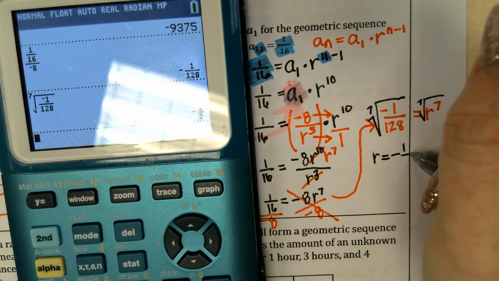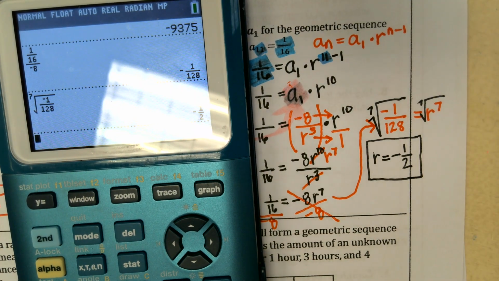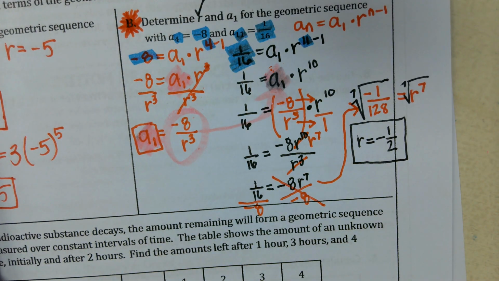So R, my common ratio, is negative 1/2. Now I have only solved for R.